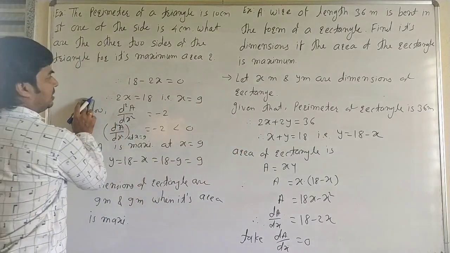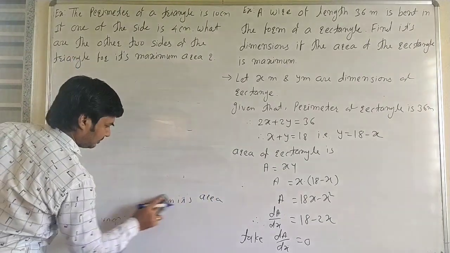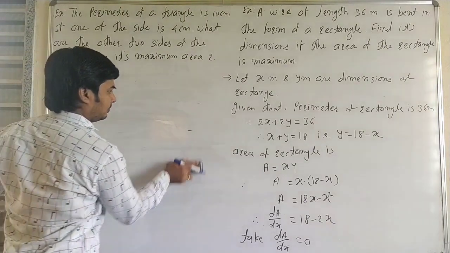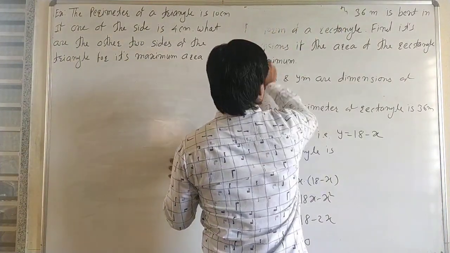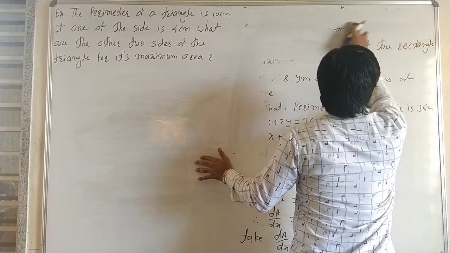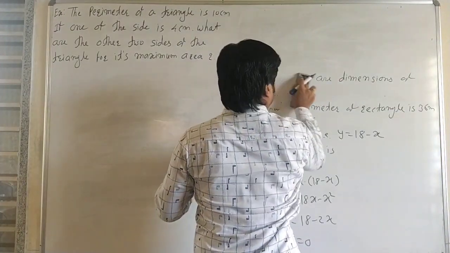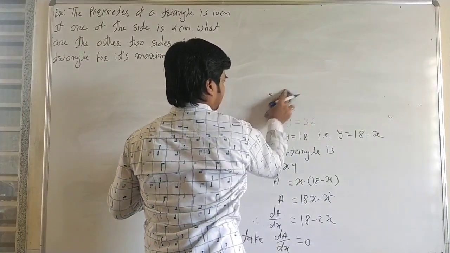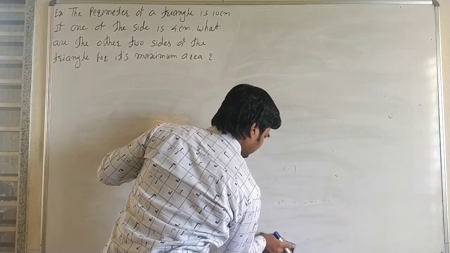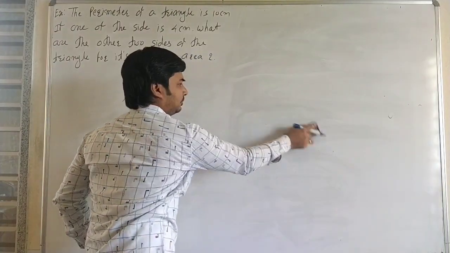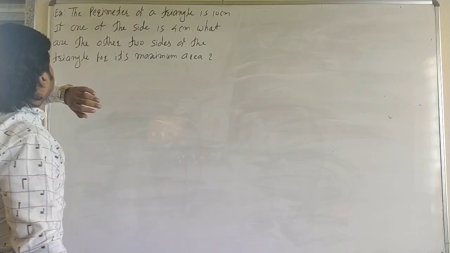Okay, now we see the next example. Here, next example, the perimeter of a triangle is 10 centimeter.